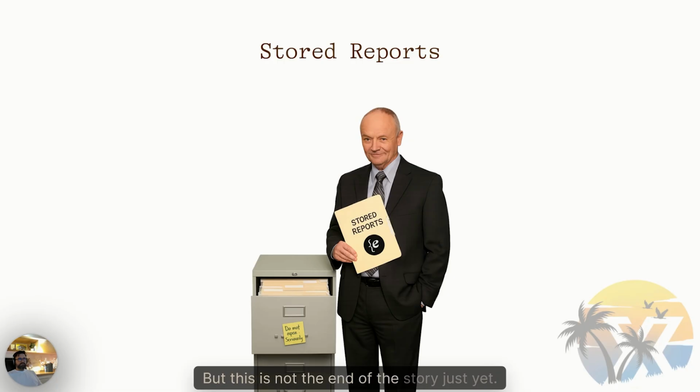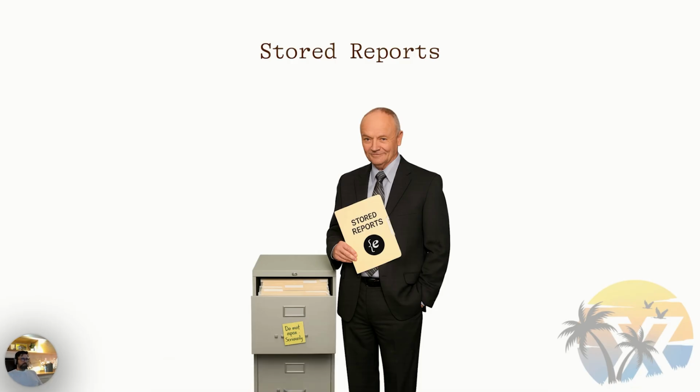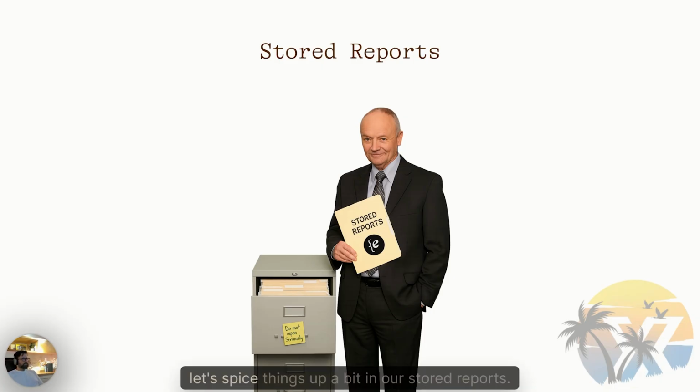This is not the end of the story just yet. After all, so far we're not doing anything other than rewiring the output from the paper space to inside our custom section. But for those of you who, like me, enjoy the pranks from the show The Office and understand the Creed spirit, let's spice things up a bit in our stored reports.